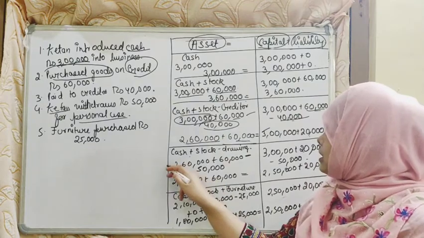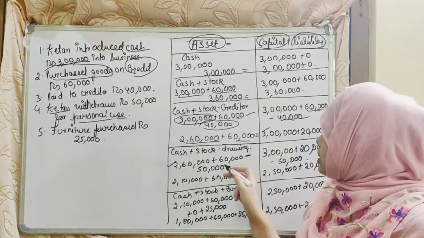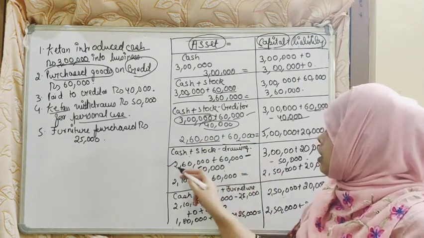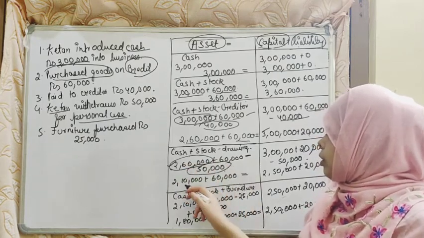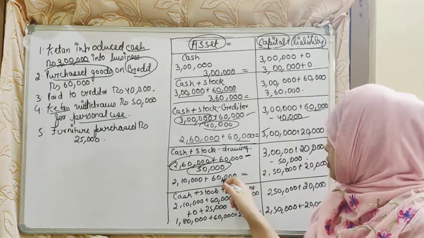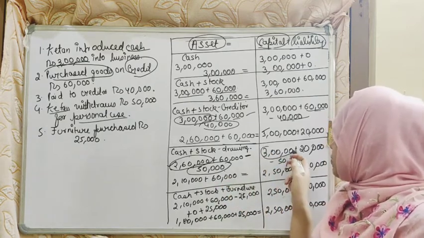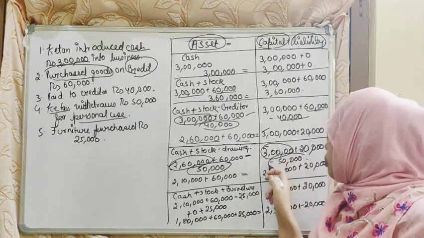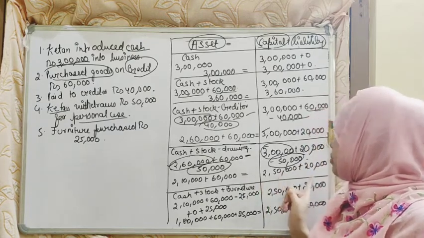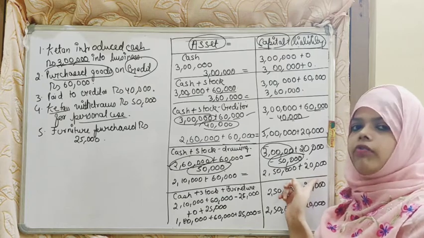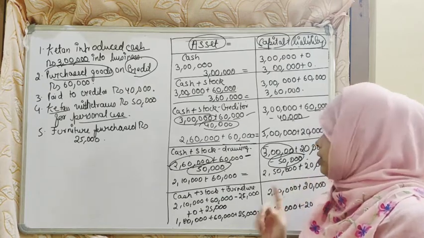So 2,60,000 is the amount, plus 60,000 stock, minus 50,000. From this 2,60,000, 50,000 is subtracted, we will get the amount of 2,10,000 plus 60,000. And from this 3 lakhs, we subtract rupees 50,000, that is the drawings part. So 2,50,000 plus, as it is, the amount of creditors, that is 20,000.